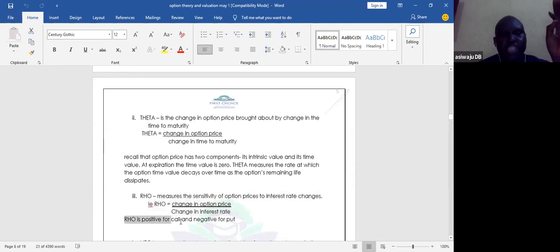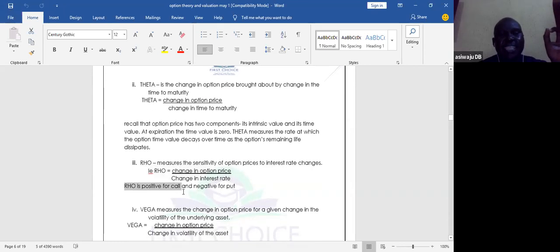Rho is always positive for call options and negative for put options. Meaning that if you value a call option, when there is an increase in interest rate, there's going to be an increase in your call option value.